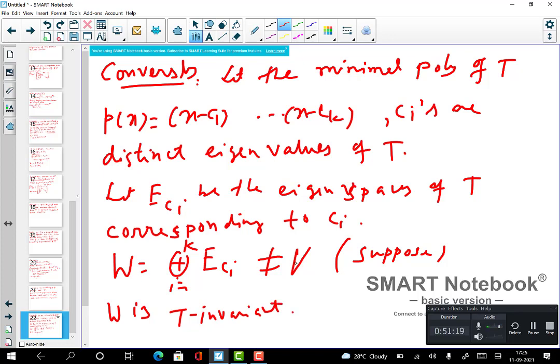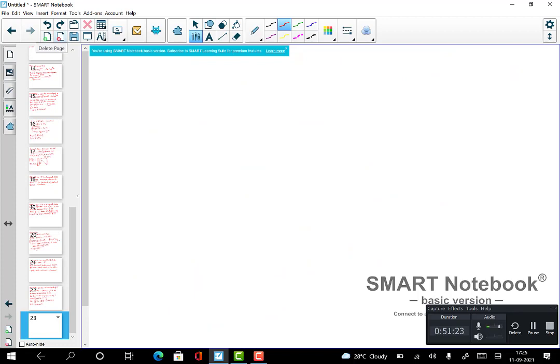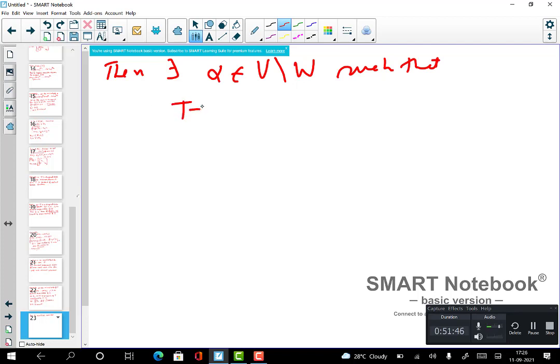And if W is not equal to V, then by the lemma we used before, you can find vectors which are not inside W. Then there exists a vector alpha belonging to V, not inside W, such that, without loss of generality with eigenvalue c1, (T minus c1 I) of alpha is a vector beta in W. So you can choose something outside W and send it inside W under the action of T minus c1 I. There is no speciality of c1; this can be true for any of c1, c2, up to ck.